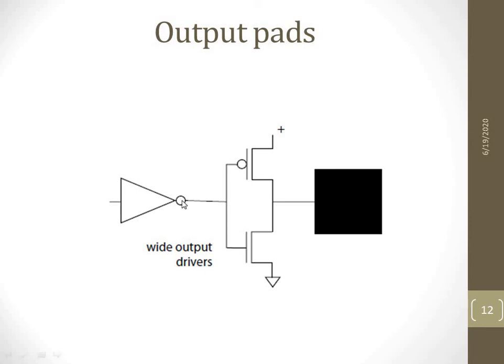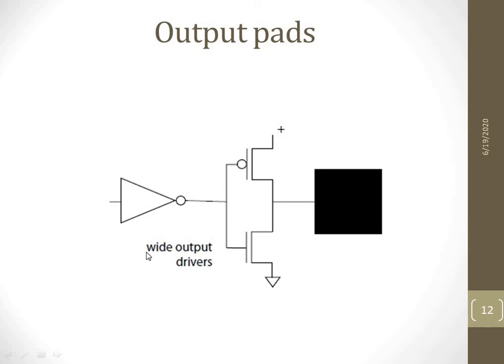Here the input is given through a buffer, or the input can be given directly through an input pad. Since the inputs are connected to the gates, to the PMOS gate as well as the NMOS gate, there comes the electrostatic discharge.